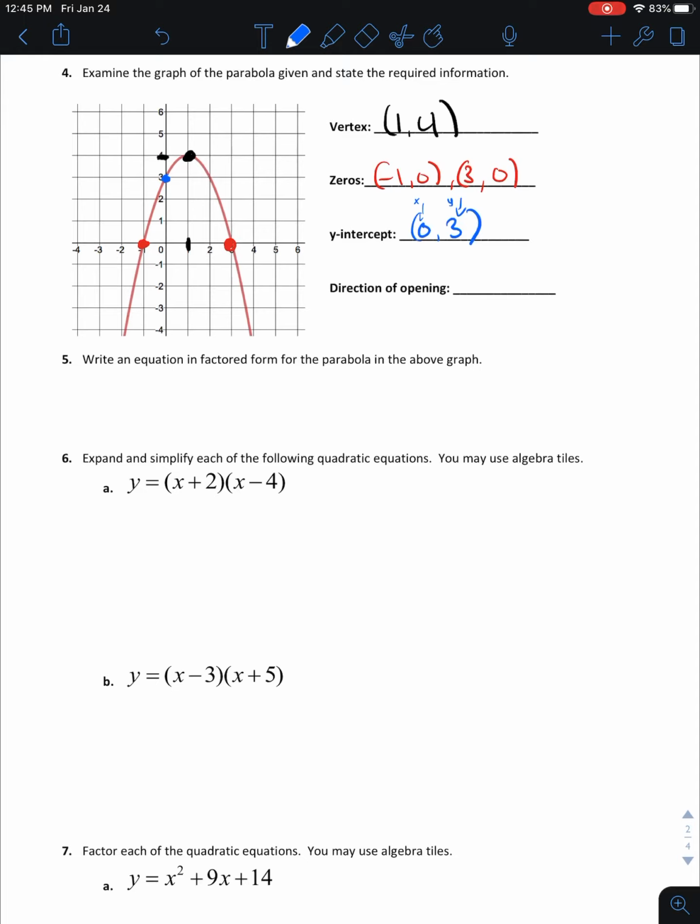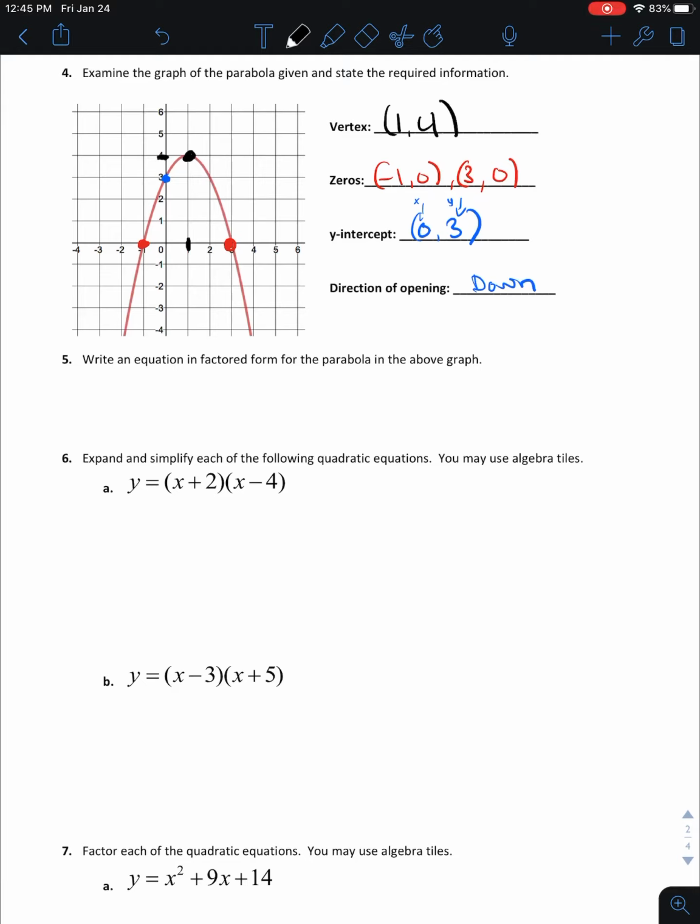When x is equal to 0, y is 3. And then the direction of opening: is this opening up or is it opening down? Well, it's frowning, so it's opening down.